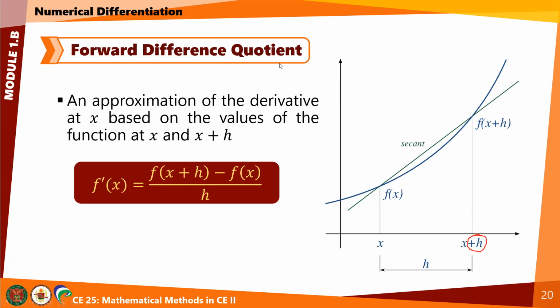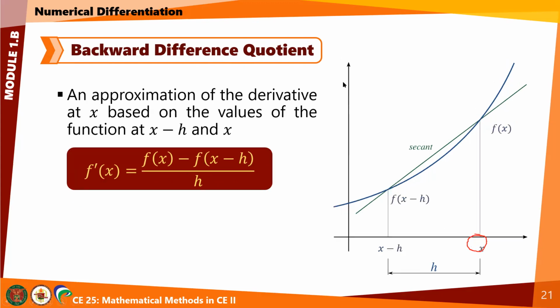You'll see later that we also have what is called the backward difference quotient. In this case, instead of using x plus h, we use x minus h. So that is called backward. We stepped backward.